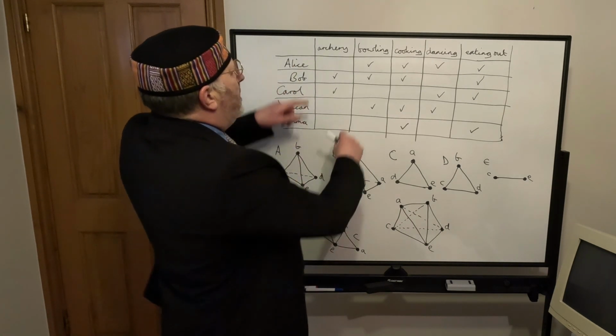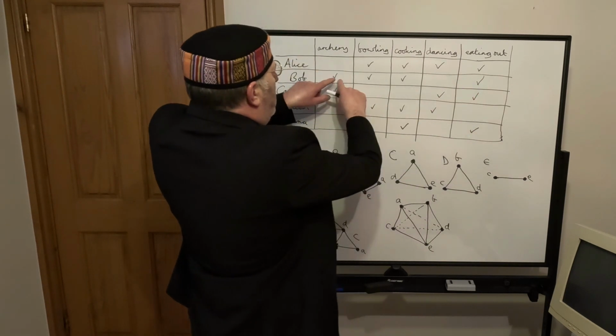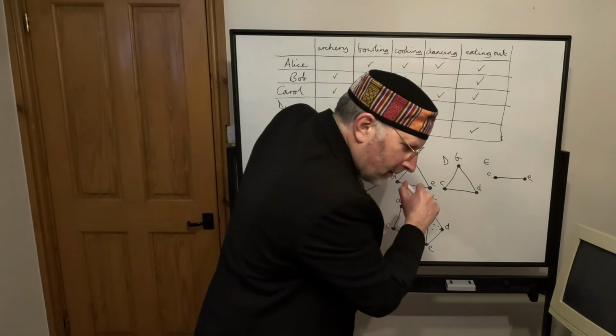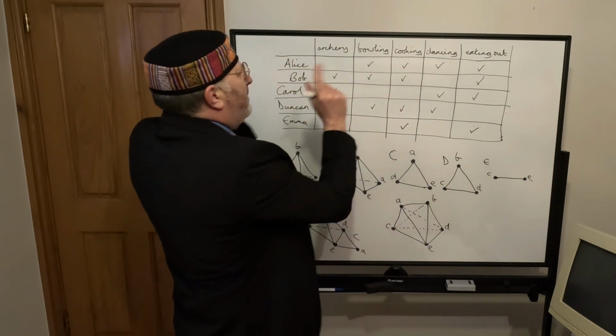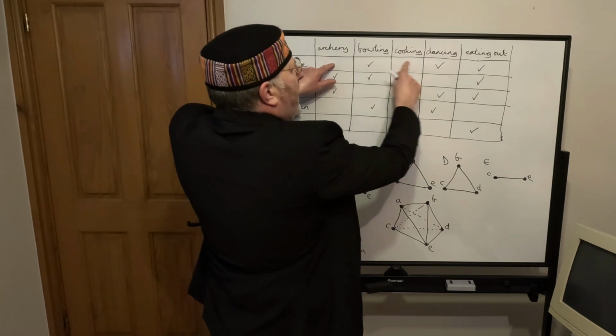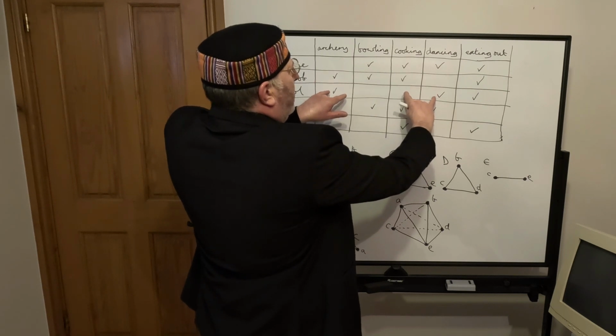It's A, B, E. There's none of these. Oh, hang on. ABD. So there's no one with A, B and D together. We're looking for A, B and D together.